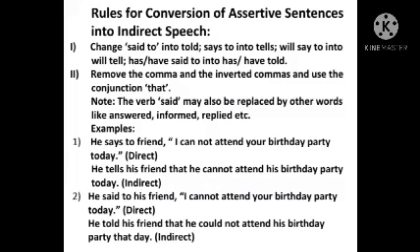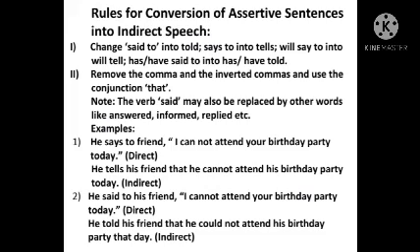Second thing, remove the commas and inverted commas and apply the conjunction that. What we have to note is that the verb said may also be replaced by other words like answered, informed, replied, etc. Let's see the examples now.